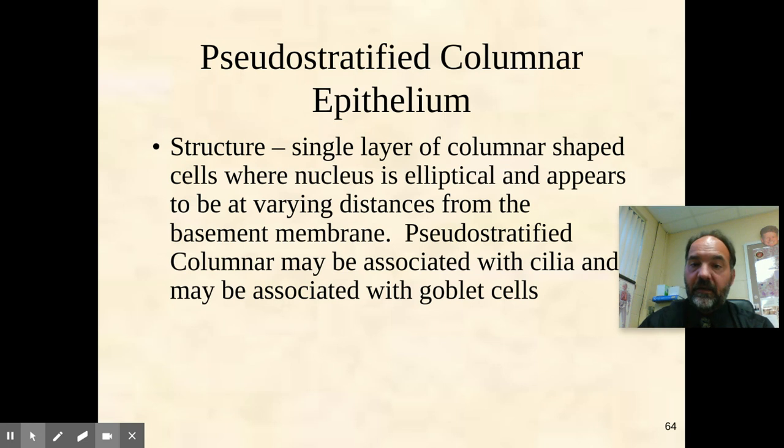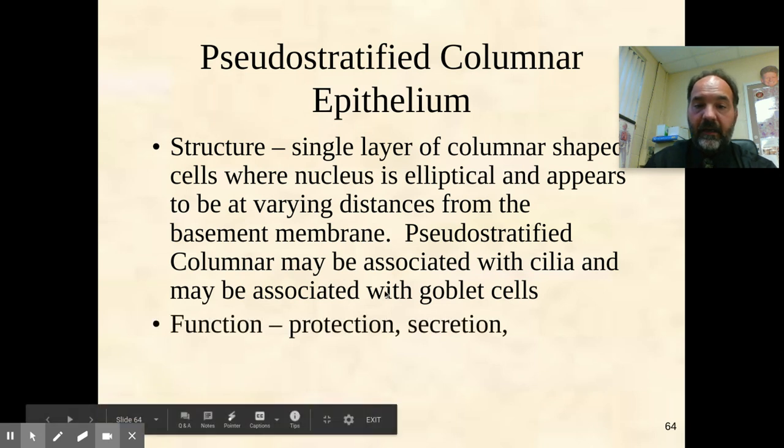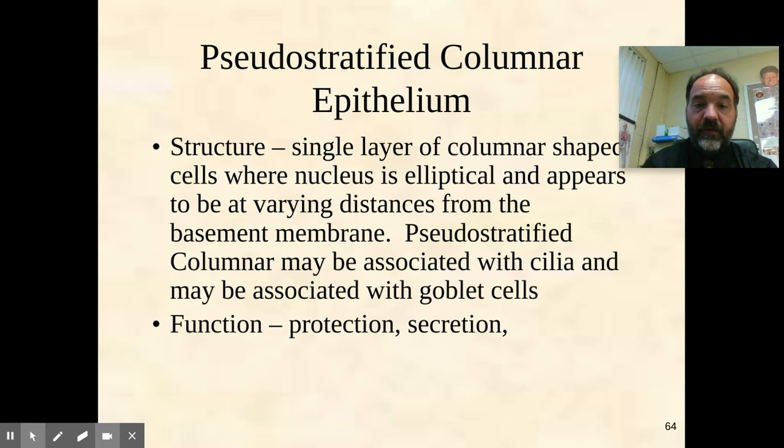The pseudostratified columnar is associated with cilia, those long wispies, and also goblet cells. There are goblet cells in pseudostratified columnar. Their function, number one, protection, because those cilia are there to sweep out any debris that gets trapped in the respiratory system. Those pseudostratified columnars protect the respiratory system from infection, bacteria, viruses, anything that might get inhaled.